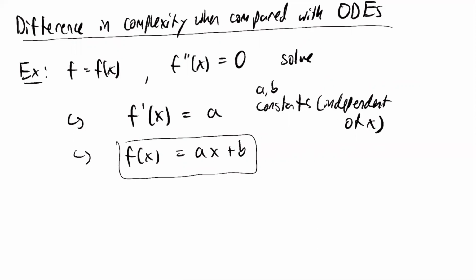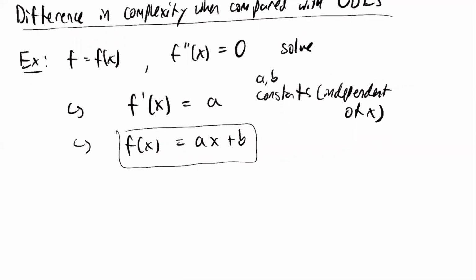Okay, so how do we find out what a and b are? Well, in general, we don't know. You would need some kind of initial condition, right? So a and b are determined by initial conditions.